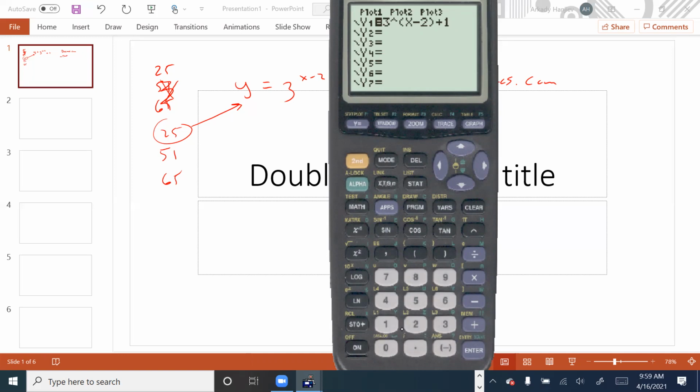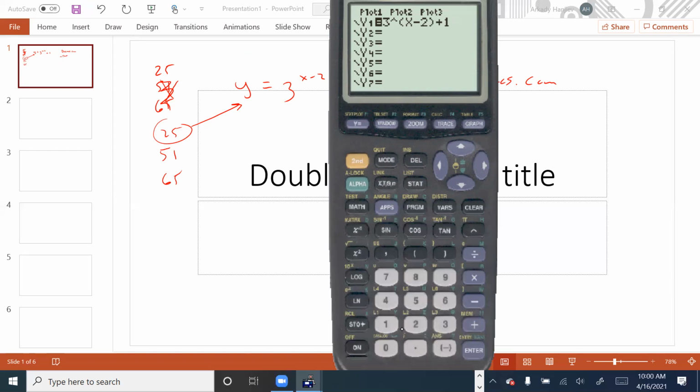Some calculators, once you're in the exponent, you click the forward arrow and it jumps back into your regular position. Parentheses are just letting the calculator know what's in the exponent and what's not.